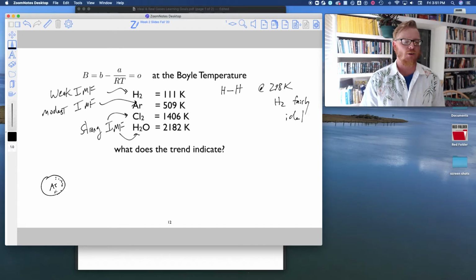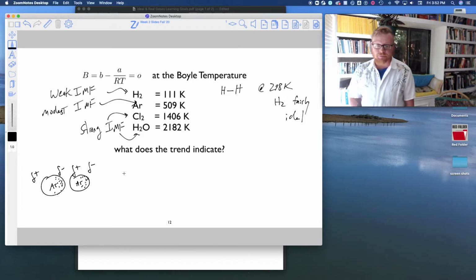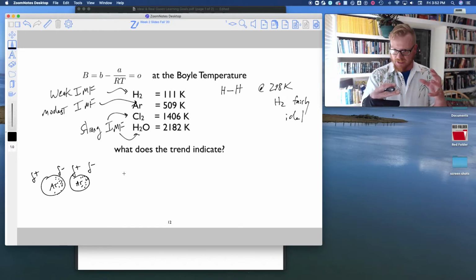So these are all the electrons. When it gets near a neighboring argon, we know it has this instantaneous induced dipole, partially negative on this side, partially positive on this side. That's going to induce a temporary dipole on any other neighboring argon.